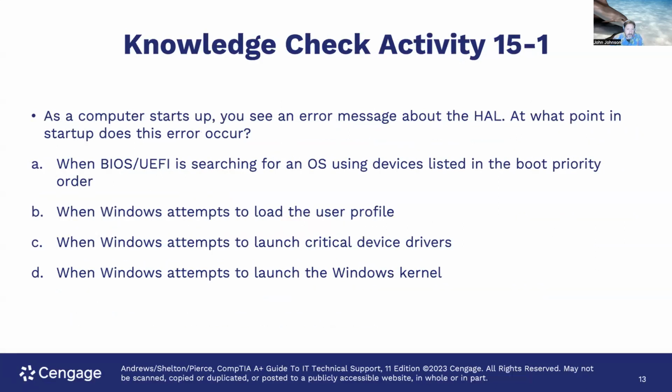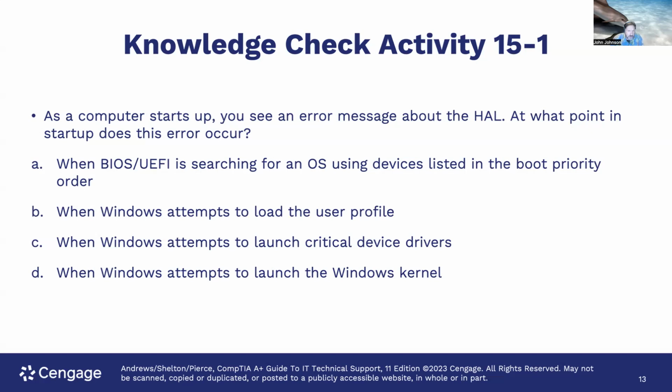So, knowledge check. As a computer starts up, you see an error message about the HAL. What is the HAL? I mentioned earlier, but that's the hardware abstraction layer. At what point in startup does this error occur? Well, we know it's the hardware abstraction layer, so let's take a look. When the BIOS/UEFI is searching for an OS using devices listed in the boot priority order, that doesn't seem right. When Windows attempts to load the user profile, again, that's much further on, well beyond when you're learning about your hardware.